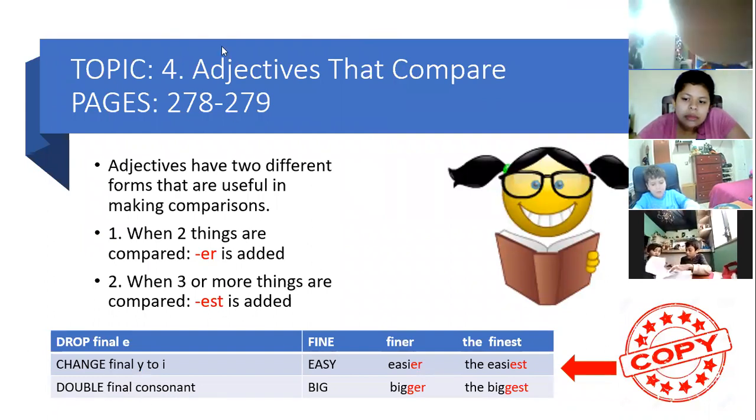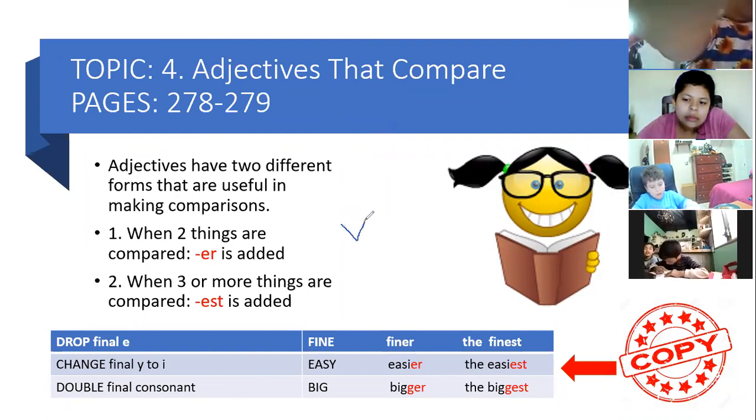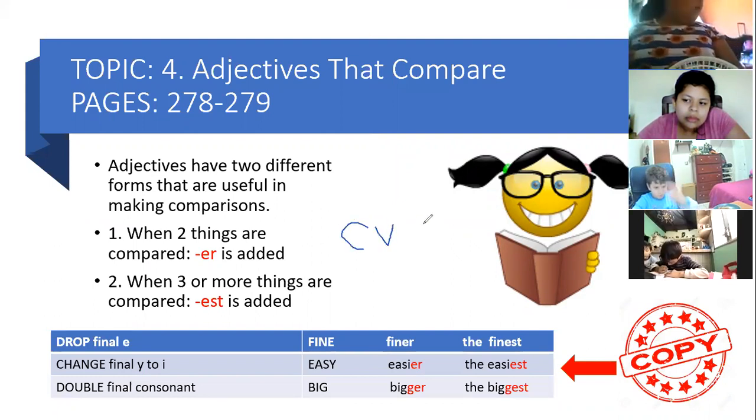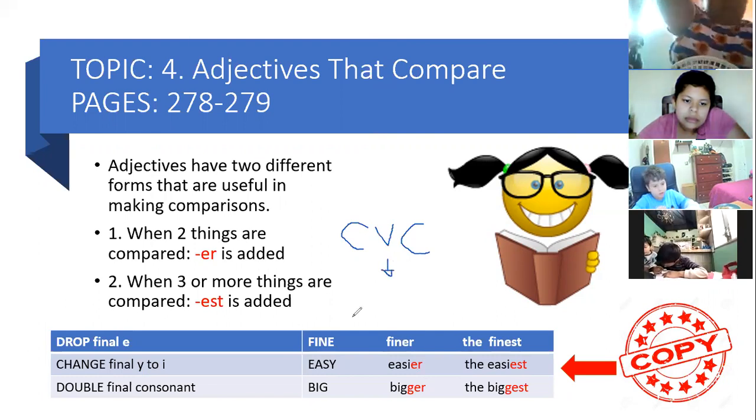consonant. Remember that in phonics, we saw this topic. We saw that when a word finishes with consonant, vowel, consonant, and this vowel makes a short vowel sound, we have to double that final consonant.